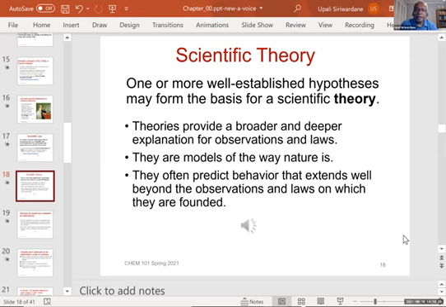Theories provide a broader and deeper explanation for observations and laws. They are models of the ways nature behaves. They often predict behavior that extends well beyond the observations and laws on which they are founded. So one of the laws, conservation of mass, was explained later by atomic theory.